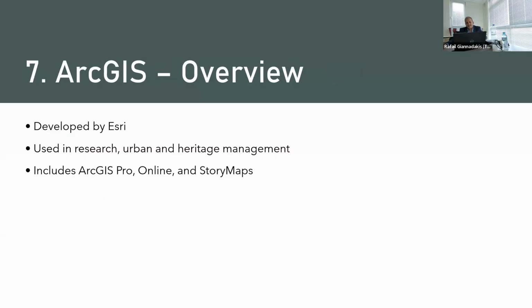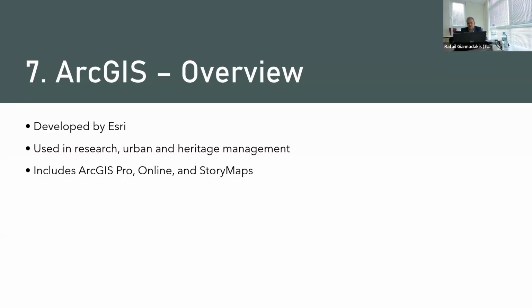An overview of ArcGIS, a commercial program. ESRI is the main organization. It's a huge organization that exists more than 50 years. We can say that ESRI has changed the way of GIS.